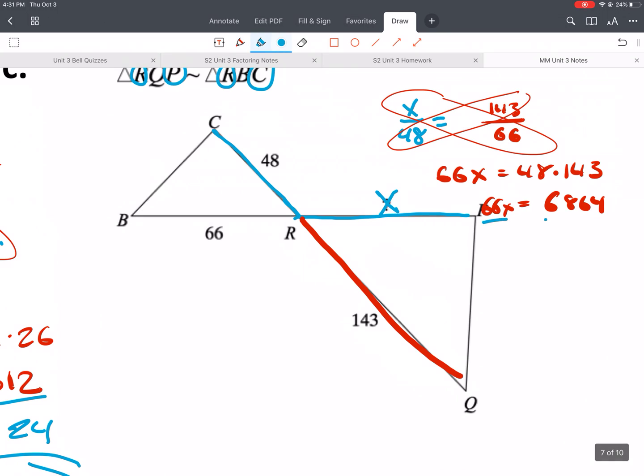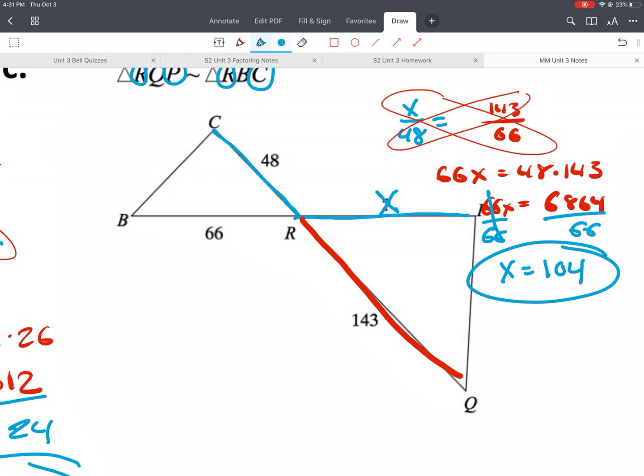And then we'll just divide both sides by 66. X equals 6,864 divided by 66, gives us 110. Or 104, sorry. 104. Okay, and that kind of makes sense.